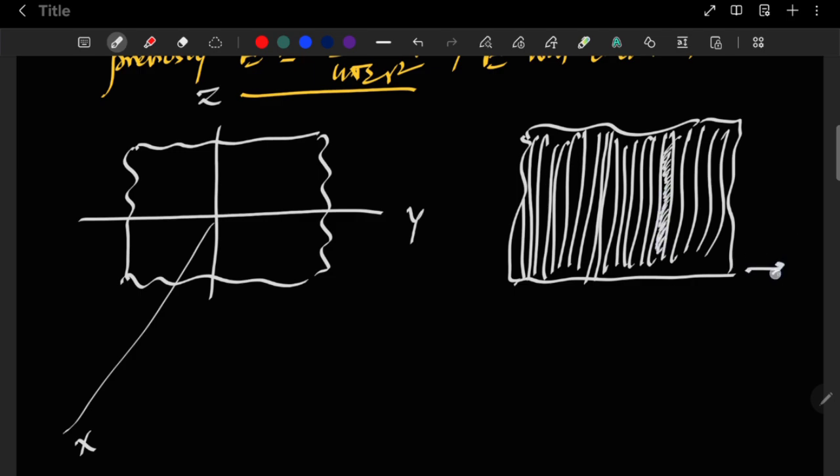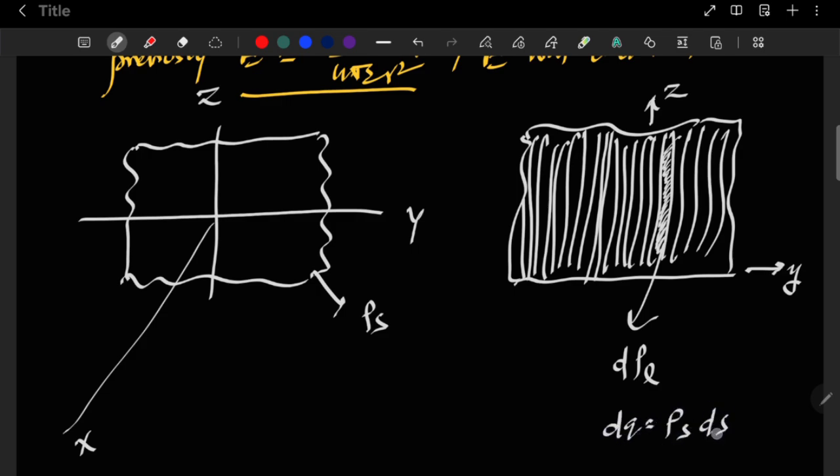We have to do the integration with respect to the y-axis. This strip has line charge density rho L, or we can take d rho L. This d rho L is to be written in terms of the sheet charge density rho S. Previously, dq is equal to rho S into ds. Now we have to write d rho L is equal to rho S into dL only. So coulombs per meter is equal to coulombs per meter square into meter.